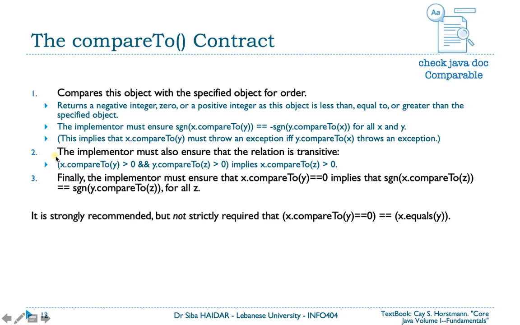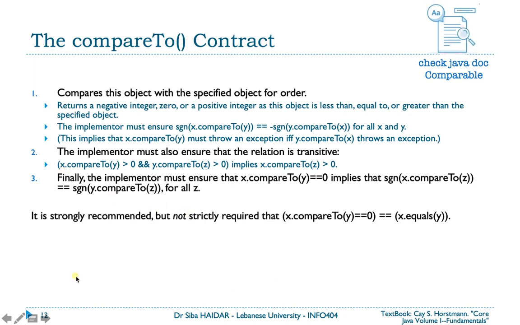The second point says that if x is greater than y and y is greater than z, then you must have x greater than z, the transitivity. And the third point says that if x and y compare equally, they must compare the same to a third element. So if x is greater than z, y must also be greater than z.